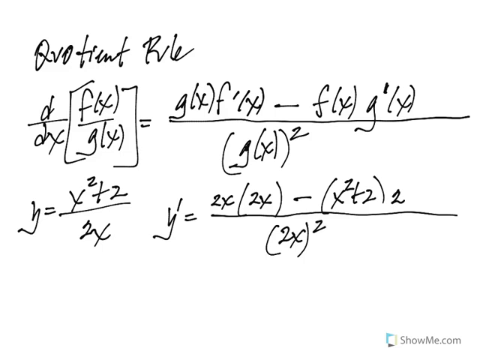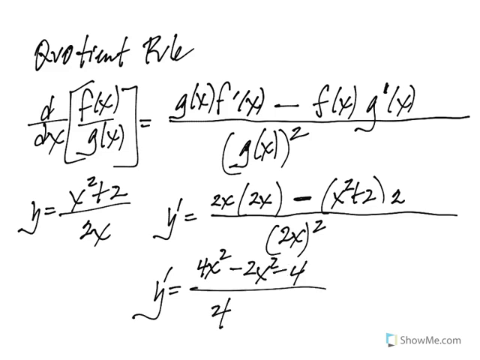All right. Now, if you'd like to clean that up, all we have to do is multiply this out. That's 4x squared. I'll distribute a negative 2, taking care of this and the 2. So that's negative 2x squared minus 4 all over 4x squared. Combine like terms, that's 2x squared minus 4 all over 4x squared.